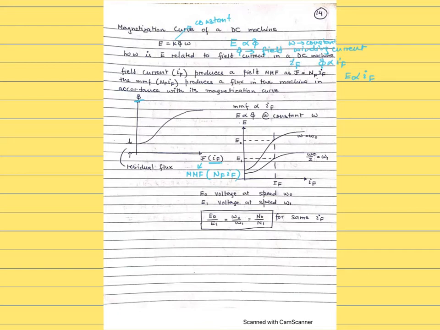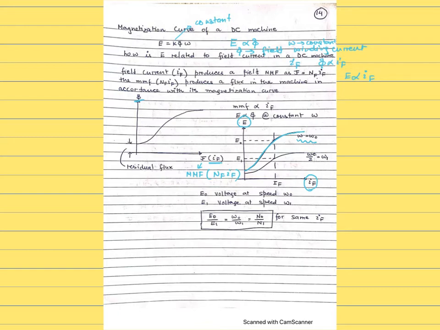Since flux is proportional to IF, E is proportional to phi, so the y-axis can be replaced by E on this graph, and the x-axis can stay as IF. For any one speed, say omega equals omega 0, this graph is between E and IF. For any one speed, E is proportional to IF for the non-saturation part.